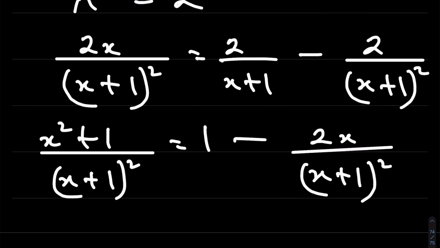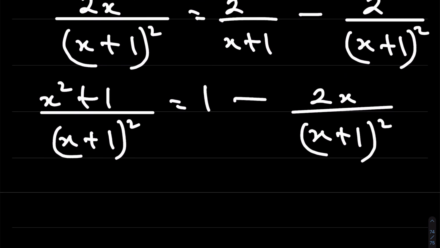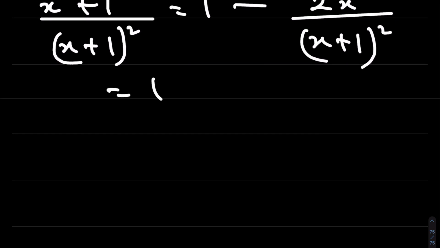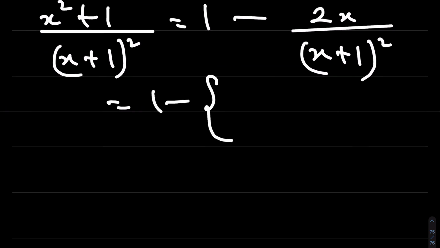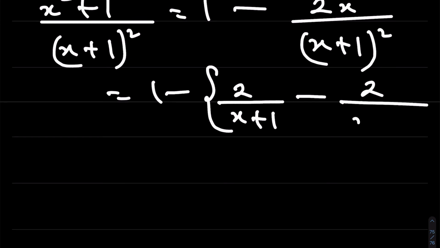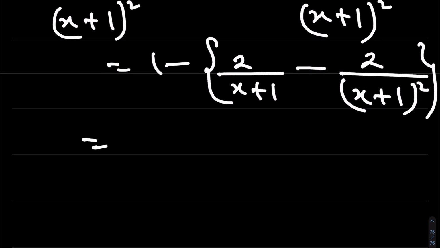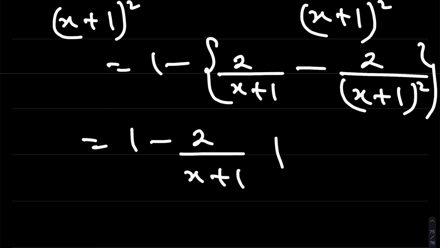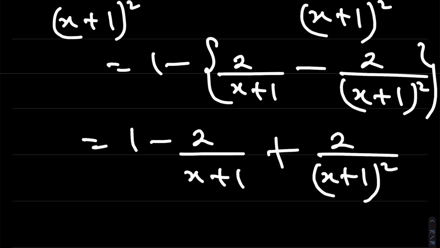So that's what I'm going to replace this with. And that means that's equal to 1 minus, I want to write it this way, 2 over x plus 1 minus 2 over the square of x plus 1, which simply means 1 minus 2 over x plus 1 plus 2 over the square of x plus 1.